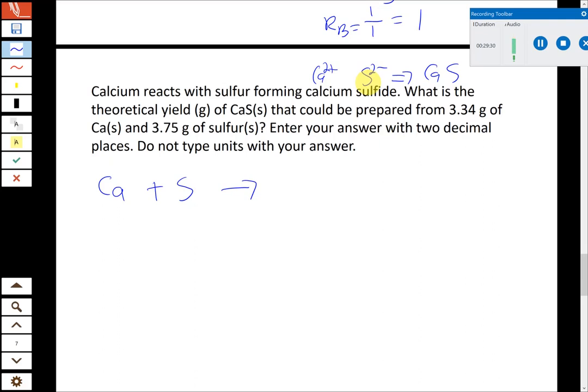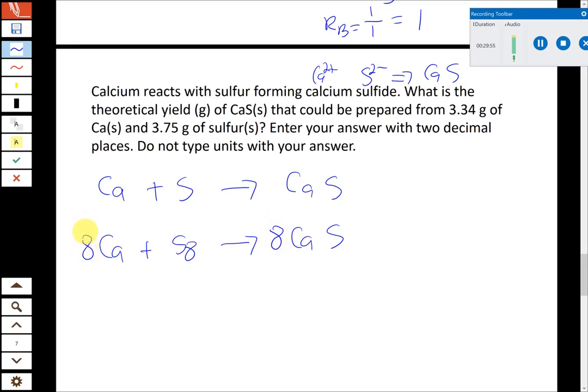So that means the reaction could simply be written as calcium plus sulfur going to CaS. In reality, elemental sulfur exists as S8. We'll talk about that in chapter 7. So another way to write the balanced equation, which is actually technically more correct, would be this, and then if we want to balance this, we have to put an 8 there and an 8 there, if we want to use whole numbers.